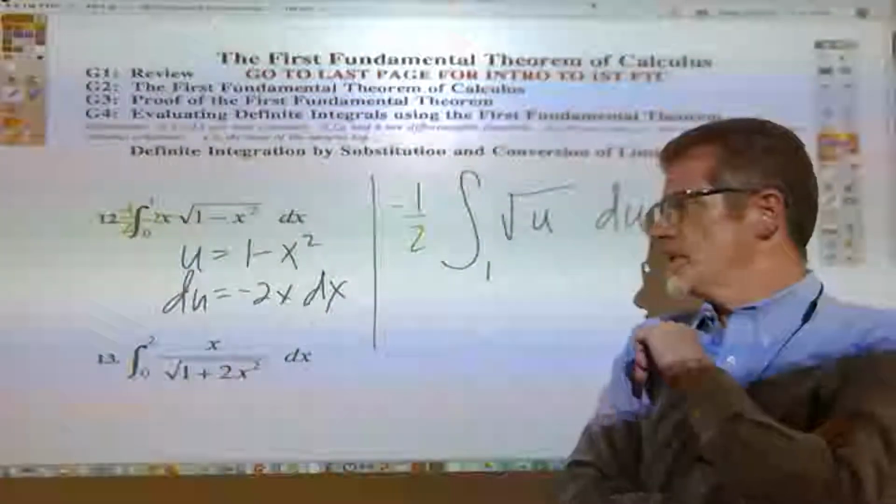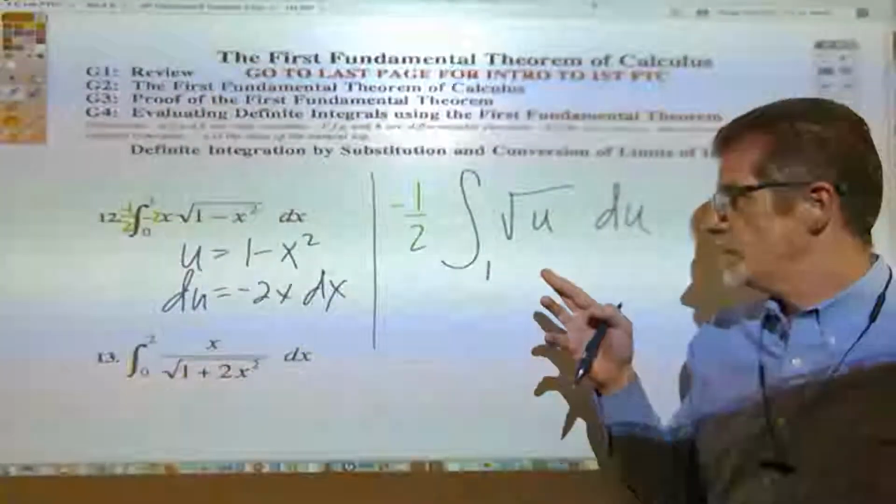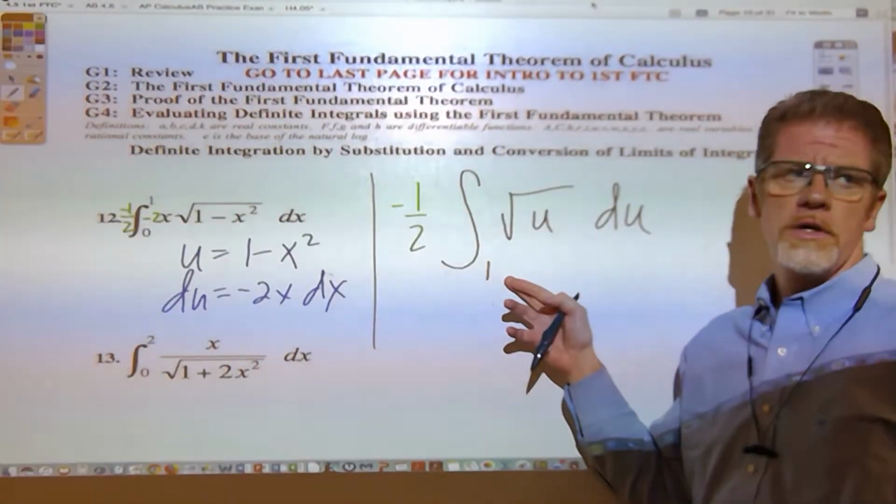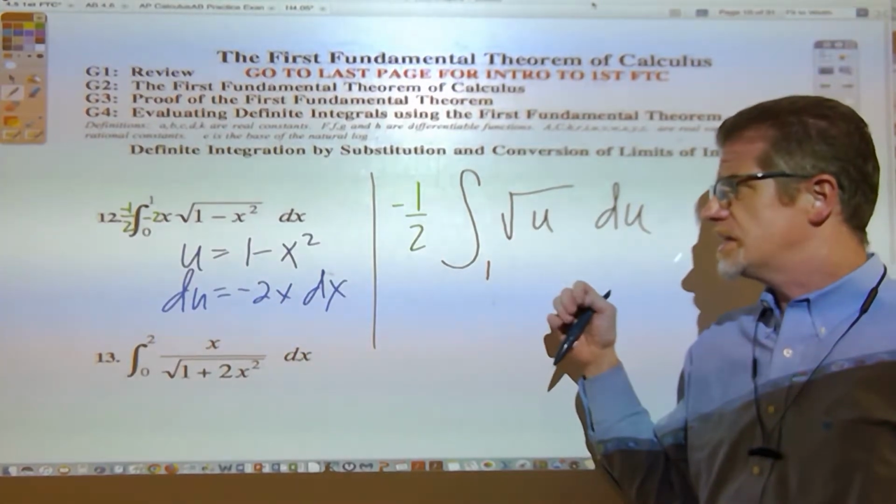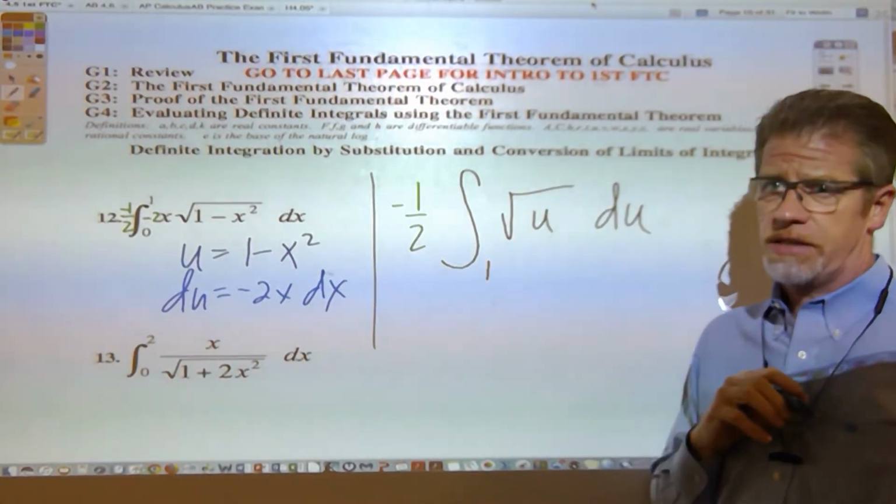By the way, my lower limit converted is 1. What is the new upper limit of integration going to be? 0.